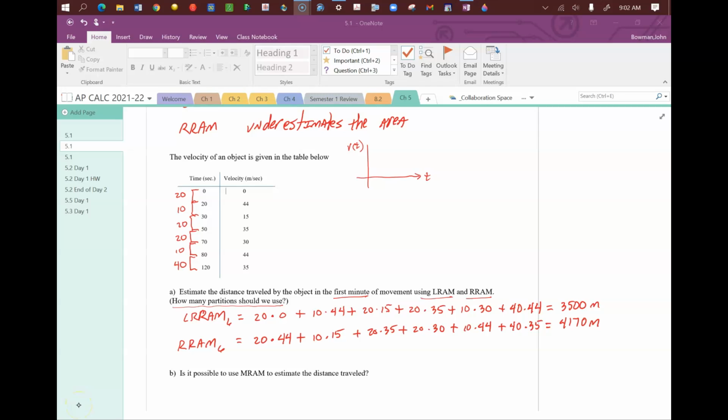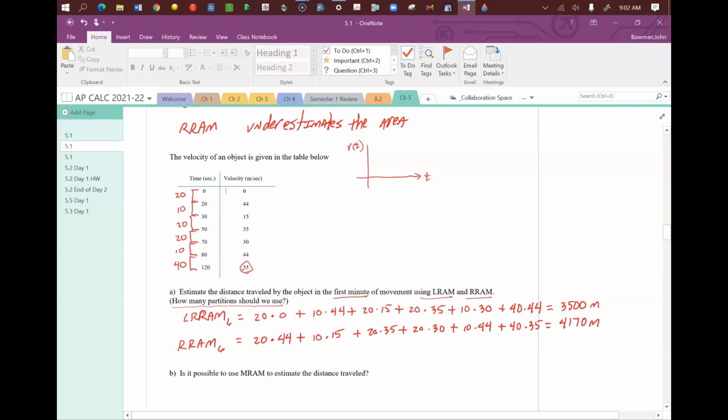So one of the questions that might arise would be, are these estimates using the rectangular approximation method either overestimates or underestimates? And you might be lulled into thinking you can answer that question in this case because it appears that the velocity is generally increasing. But there are some exceptions to that at the very end here.